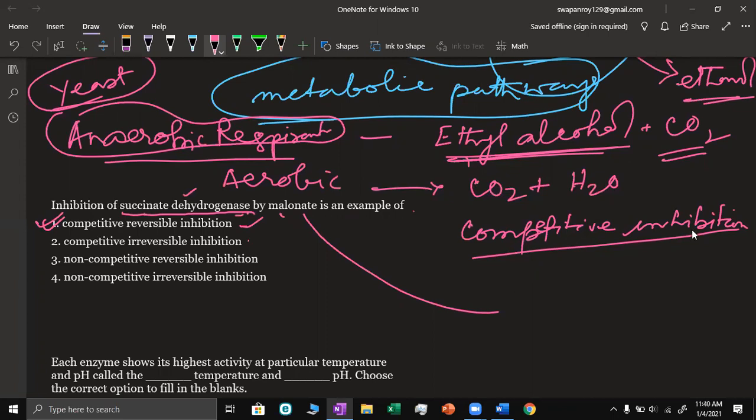If you give plenty of the substrate there, then this will be reversed back. So this is competitive reversible inhibition. All right.